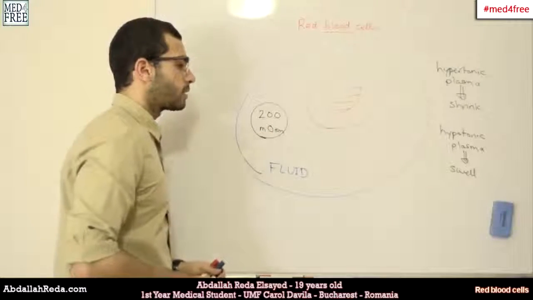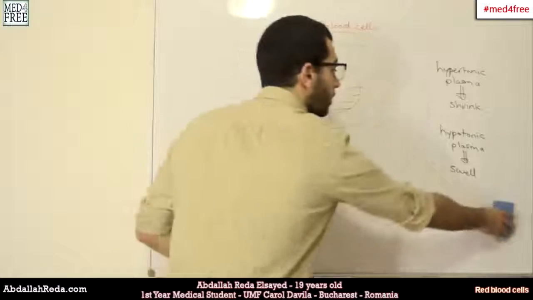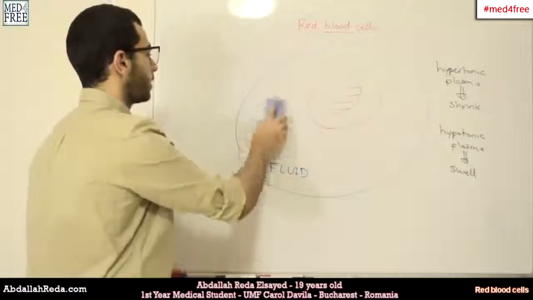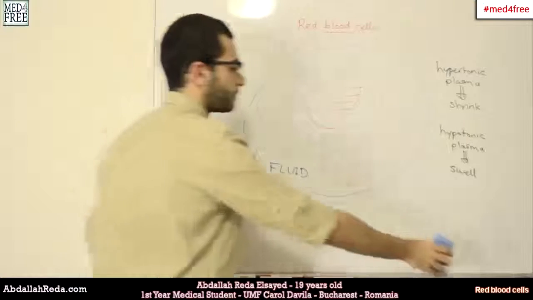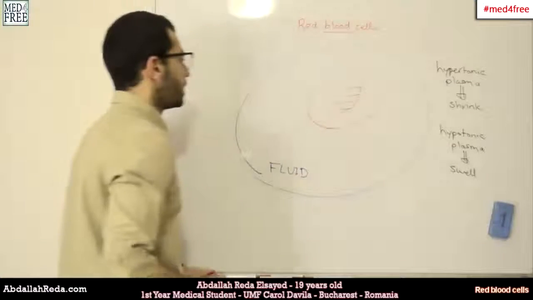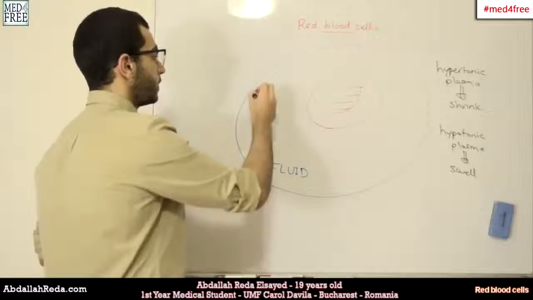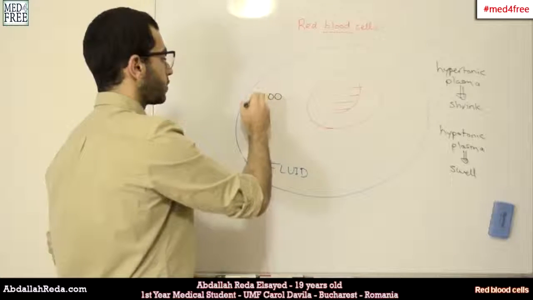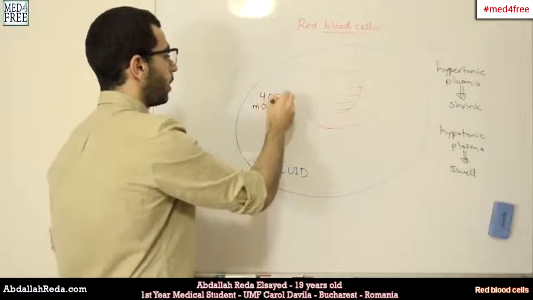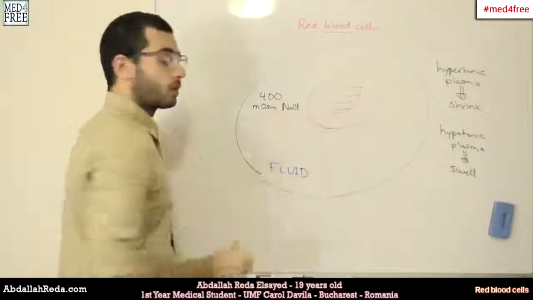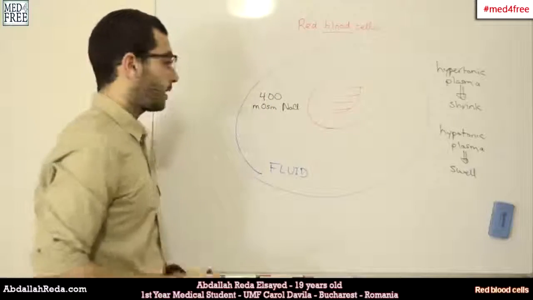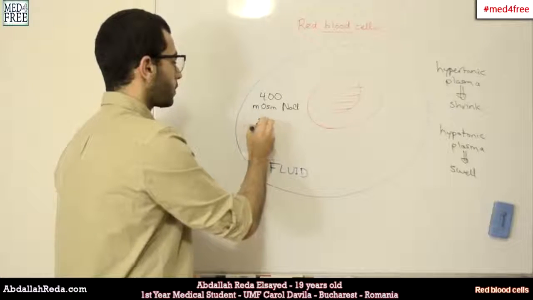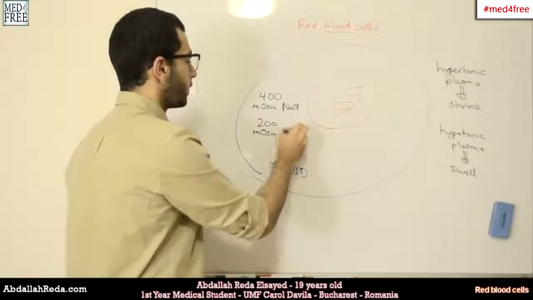But there are other cases where there are other osmolarities which are not effective. For example, if we have 400 milliosmoles of sodium chloride, and at the same time we have 200 milliosmoles of urea.